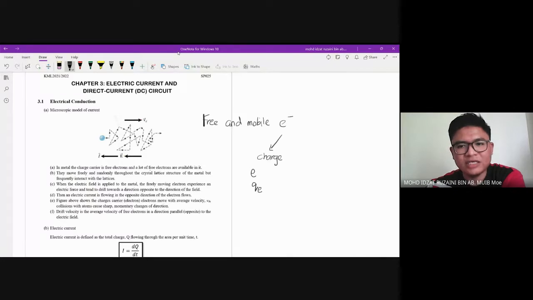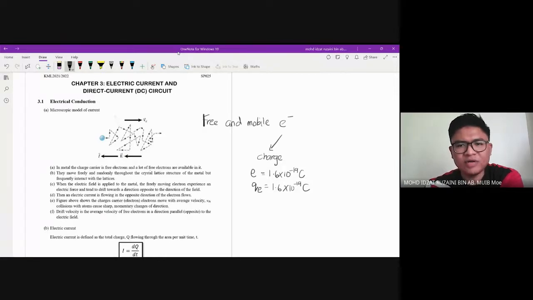So this E and QE is representing the charge of electron, which the value of this E ialah 1.6 exponent negative 19 coulomb.